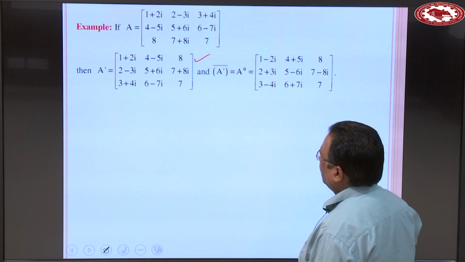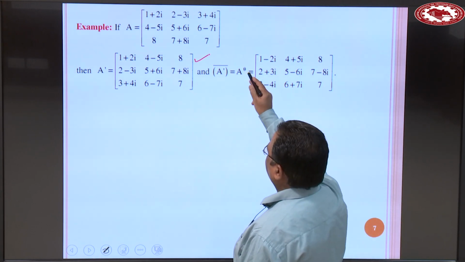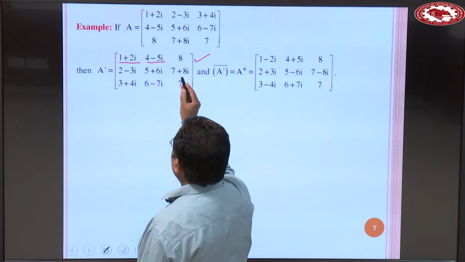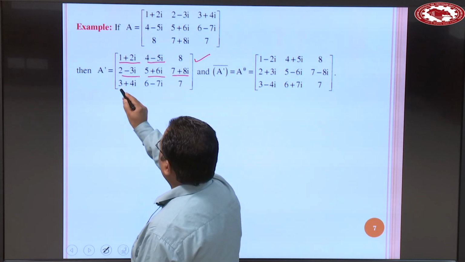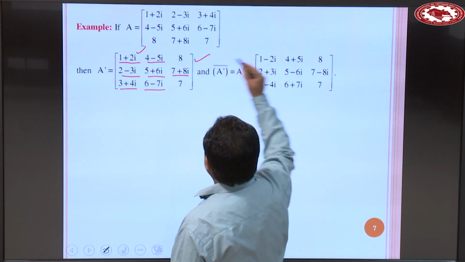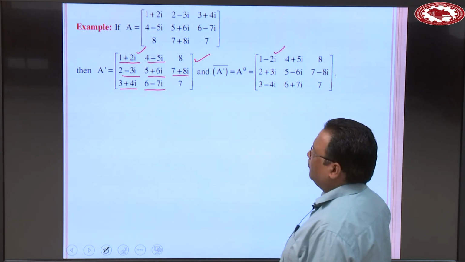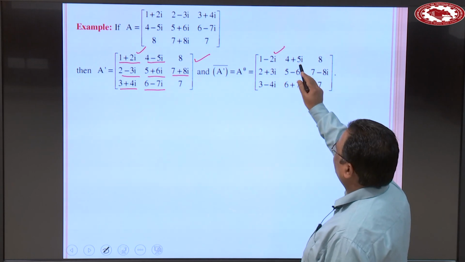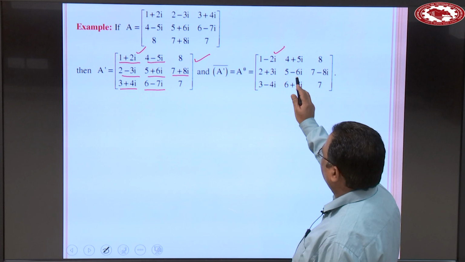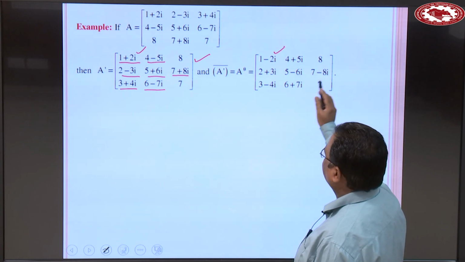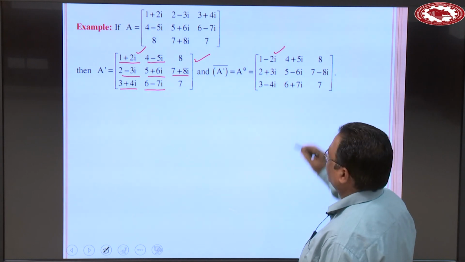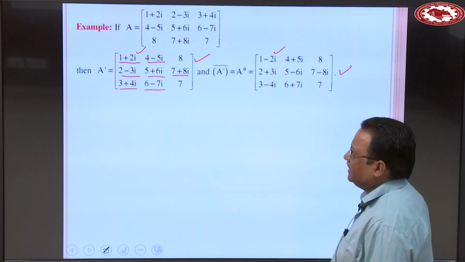Now, A dash bar, which is equal to A theta, is obtained by replacing each entry by its conjugate. So, 1 plus 2 iota becomes 1 minus 2 iota. 4 minus 5 iota becomes 4 plus 5 iota, 8 as it is. 2 plus 3 iota, 5 minus 6 iota, 7 minus 8 iota, 3 minus 4 iota, 6 plus 7 iota, 7. So, this one is A theta.